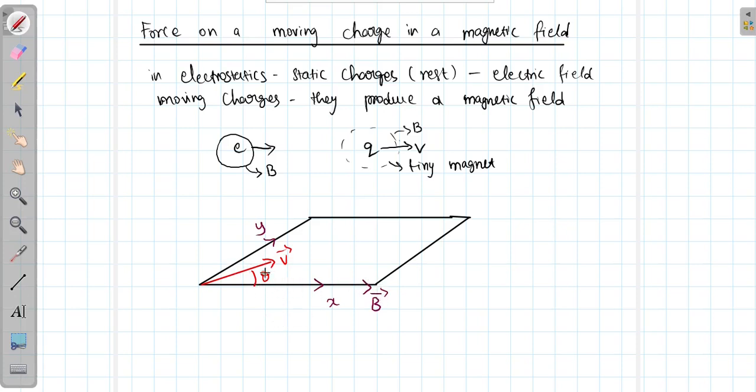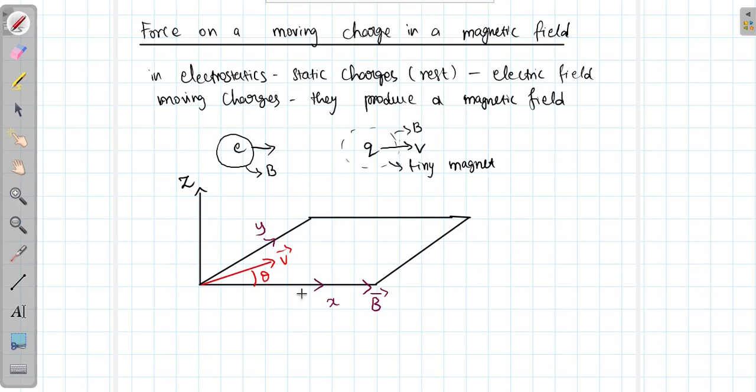We have the z-axis in the perpendicular direction, perpendicular to the xy plane. So this is the z-axis. The magnetic field is in the x direction, and the y direction we just leave.